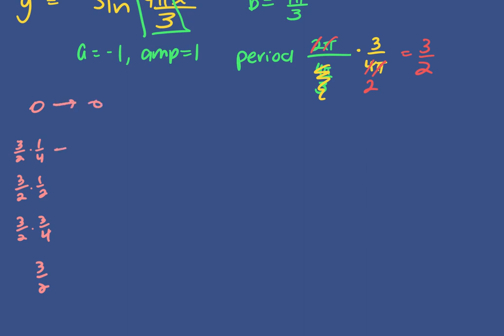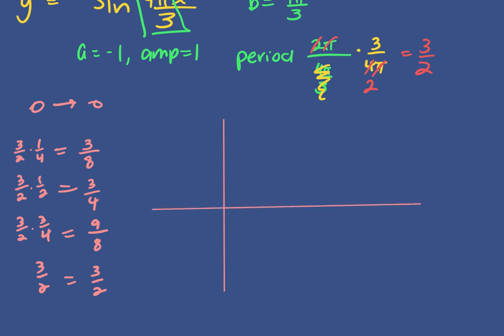So 0, 3 over 8, 3 over 4, 9 over 8, and 3 over 2. Amplitude is 1.